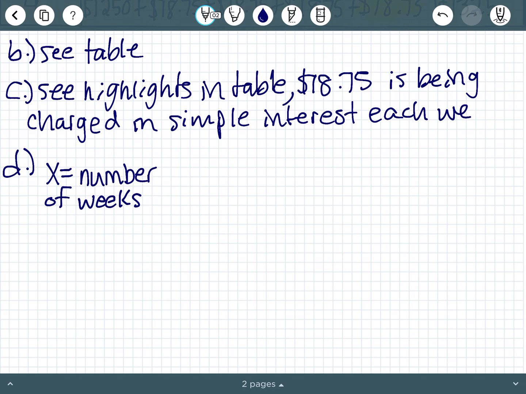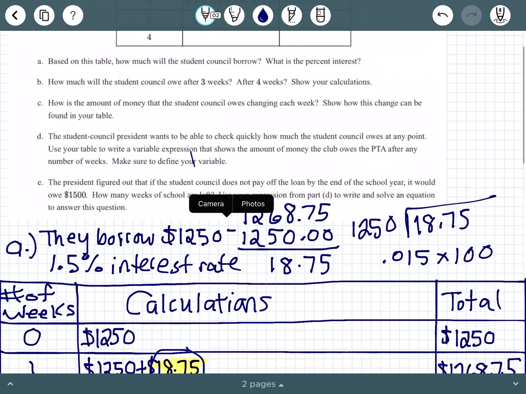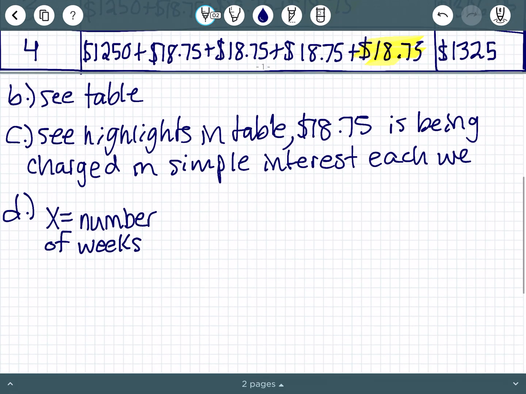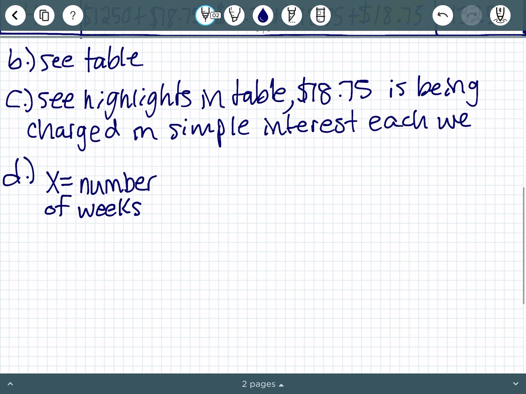All right, and then for an equation, let's see. Actually, an expression. So we're not writing an equation yet. We're writing an expression. So my expression then would be, I've got to have that principal in there. So that's that $1,250.